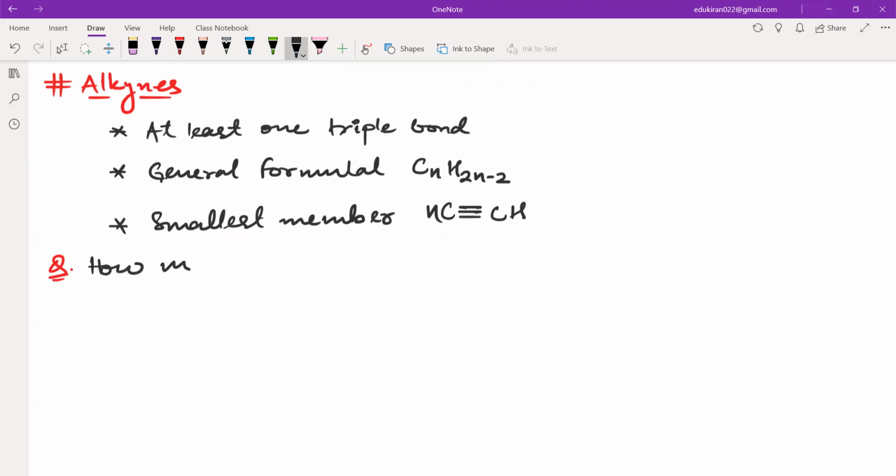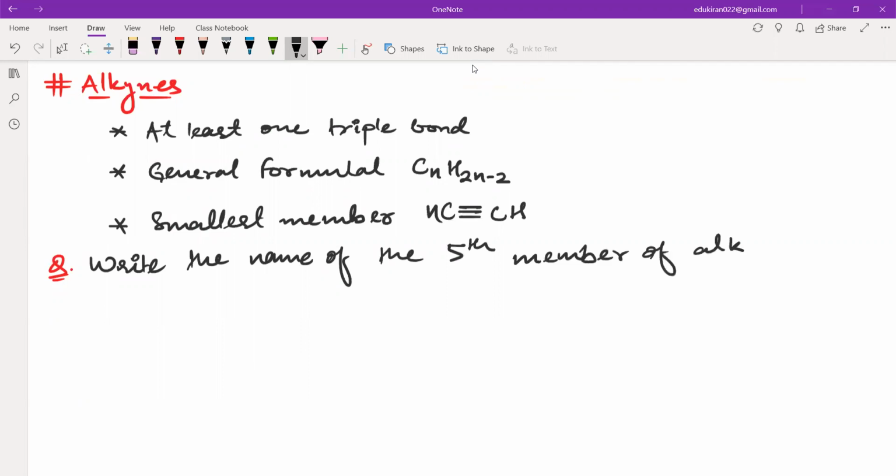Write the name of the fifth member of alkyne in the homologous series.